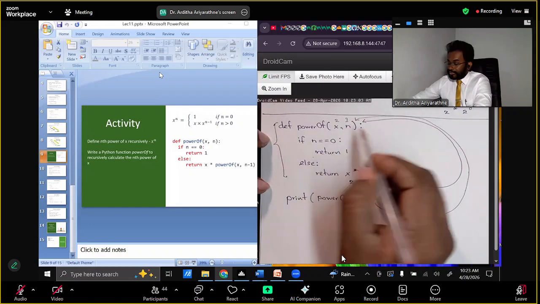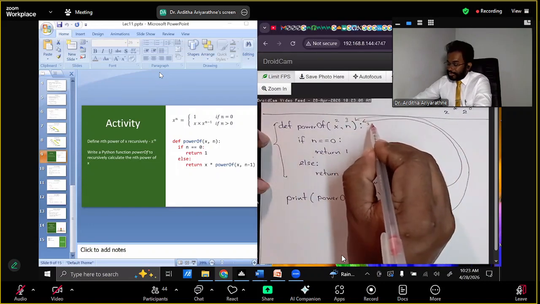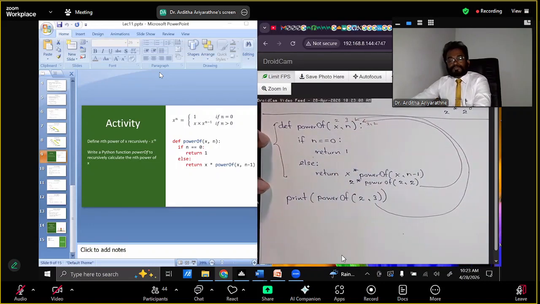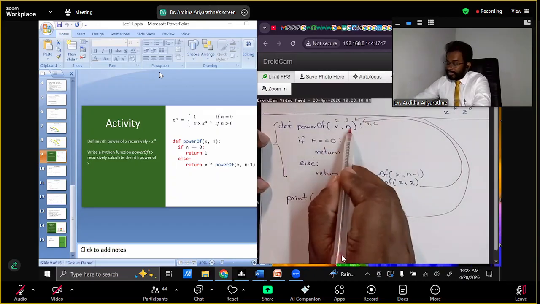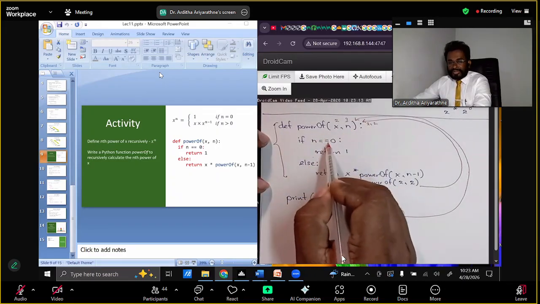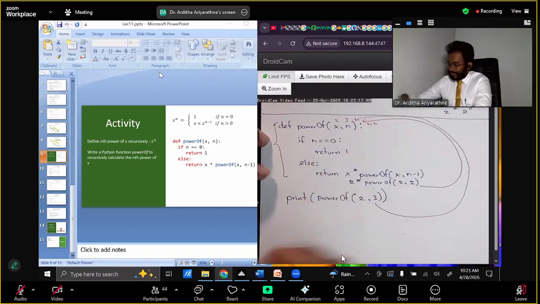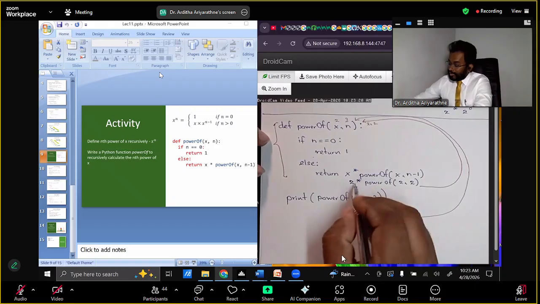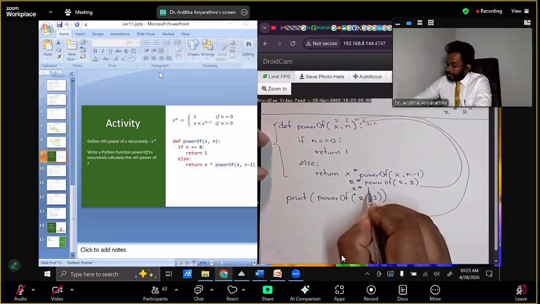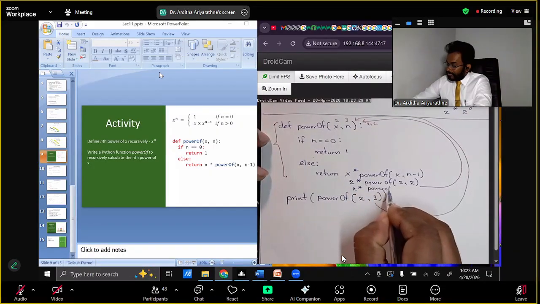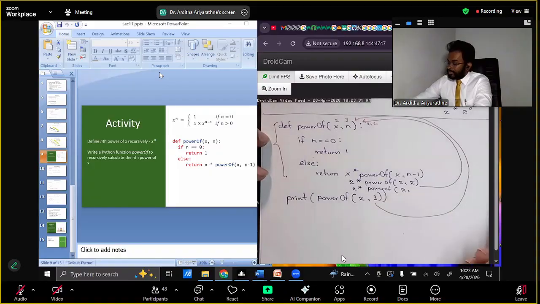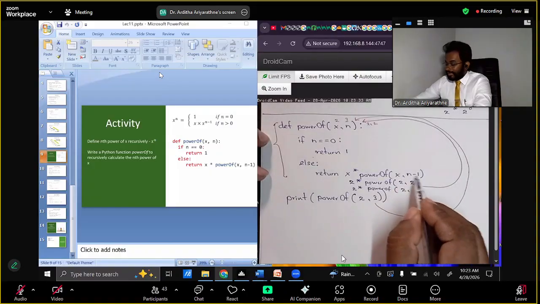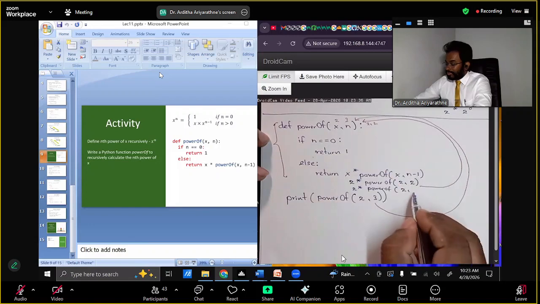Now I am marking this one as 2 and 2: x is 2, n is 2. Still n is not equal to 0, because of that the if condition is false, then again we come to else. So again 2 multiplied by power of 2, x value is same, n minus 1 means initially it's 2, now it's 1.